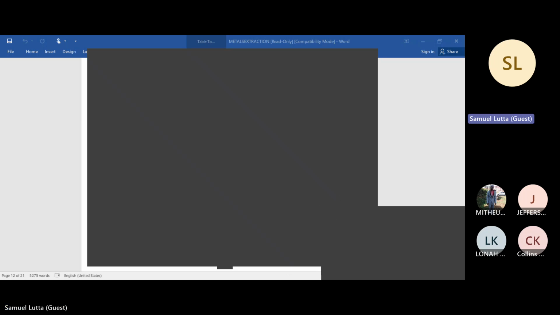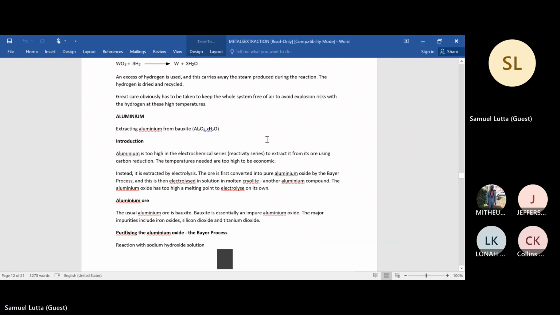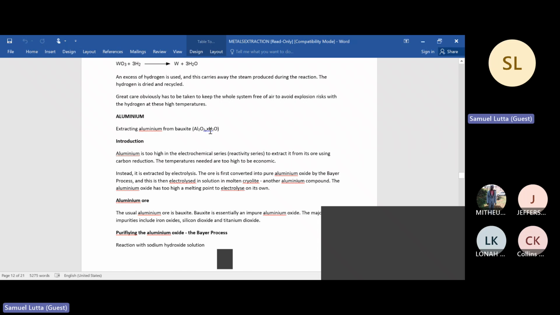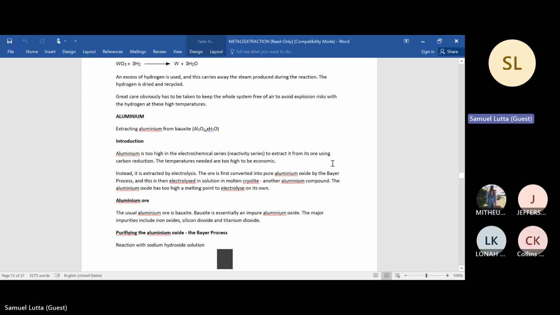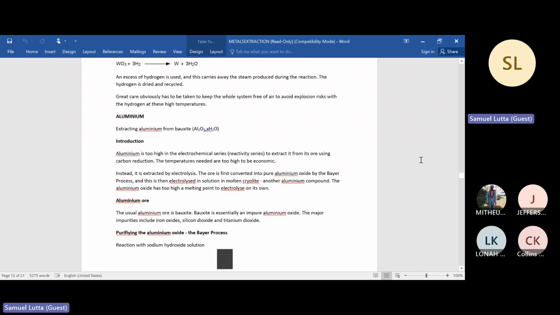We were talking about aluminium. Aluminium is gotten from the oxide, and the oxide is aluminium oxide with water. It is a very reactive metal, very high in the electrochemical series, and therefore it cannot be extracted by using carbon reduction. The temperature needed for this process will be too high, so it's not economical.